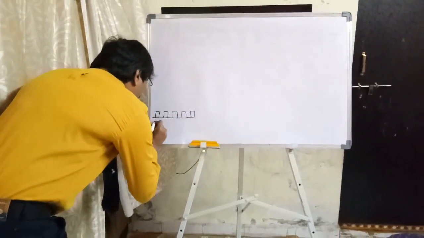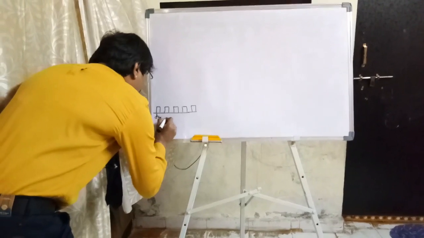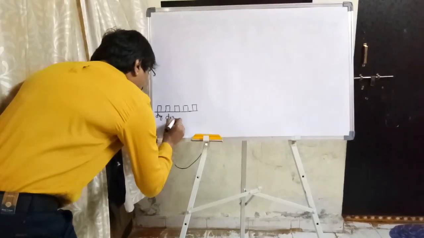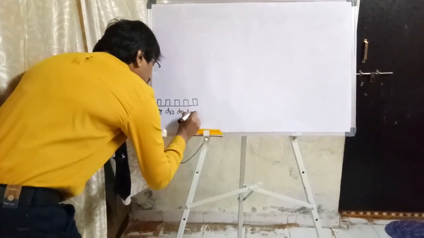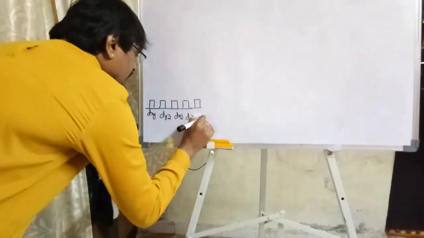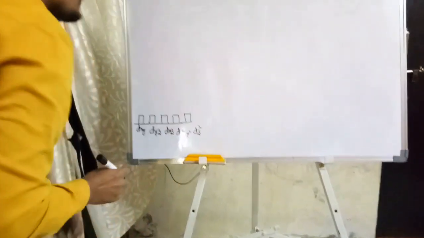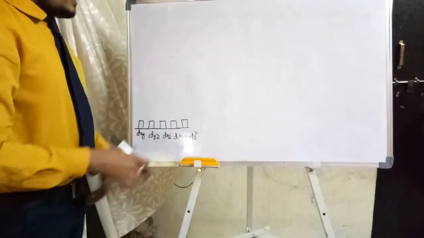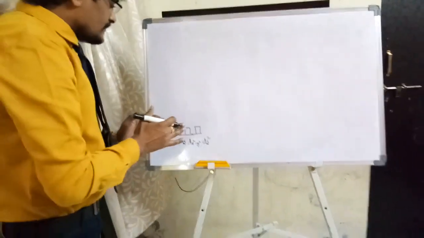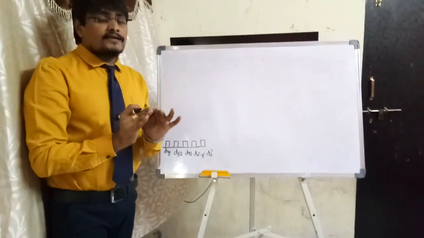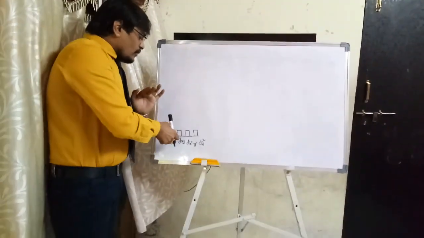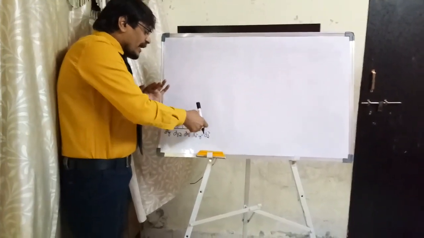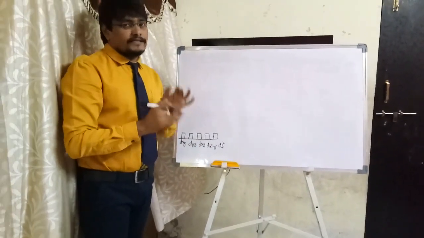Among the five, the first one is dxy, the second is dyz, the third is dxz, the fourth is dx square minus y square, and the fifth is dz square. These are the five d orbitals present in the metal, and they are degenerate, that is, the energy associated with these five d orbitals is one and the same.